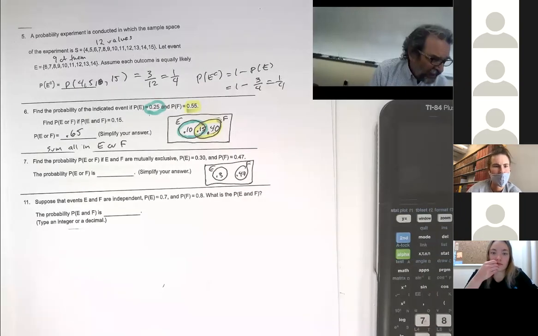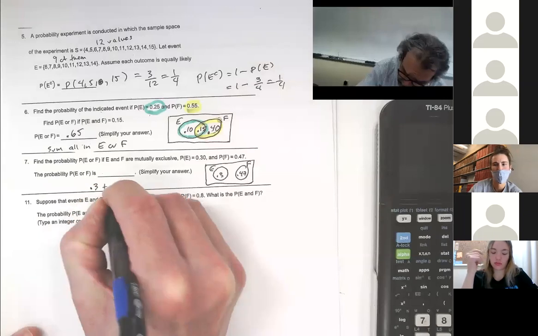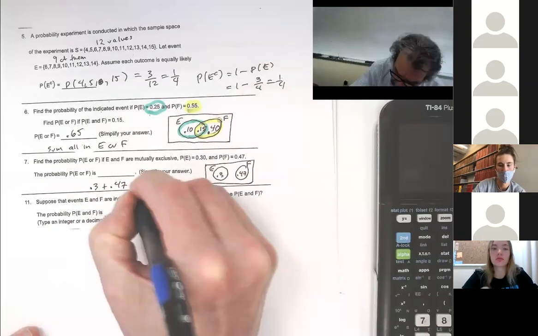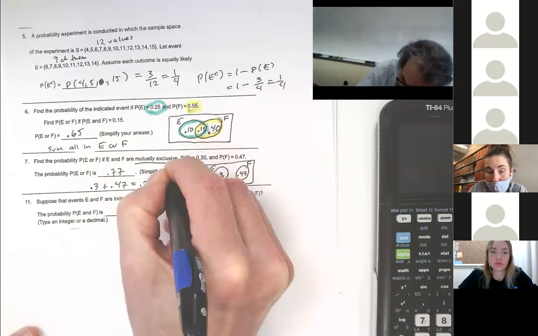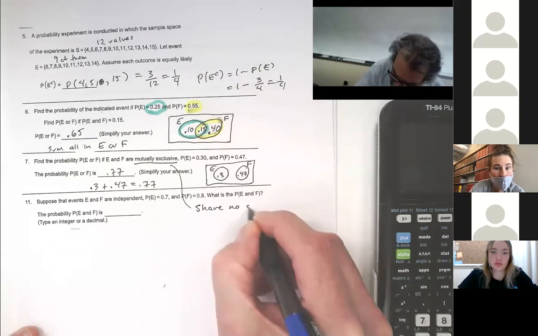If you're E or F, you're either in E or you're in F. You can't be in both. So in that particular case, you can just add the two together and get 0.3 plus 0.47. Did I read it right? Okay. 0.77, like that. It's because mutually exclusive says share no outcomes.